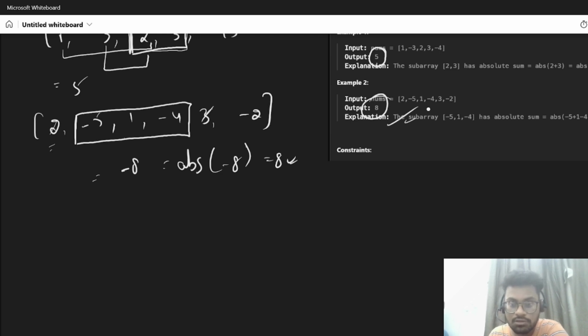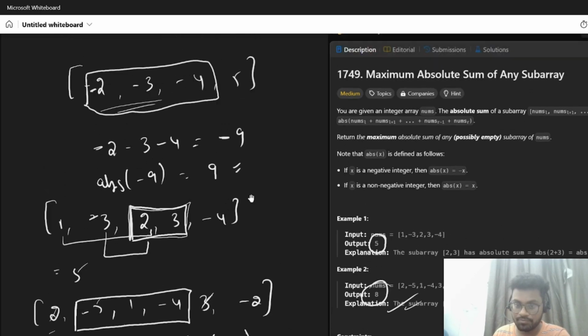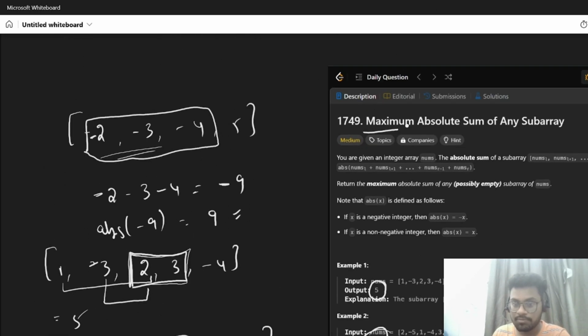So if you carefully observe the problem statement, what is it saying? Just for now, don't consider the absolute. What is this? Maximum sum of any subarray.